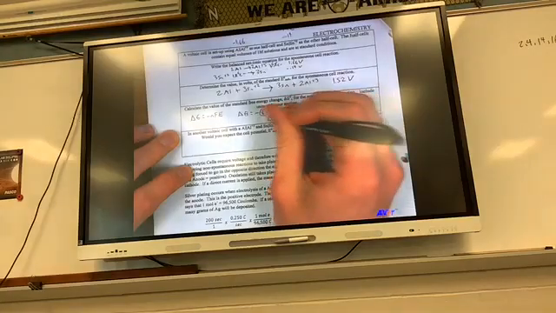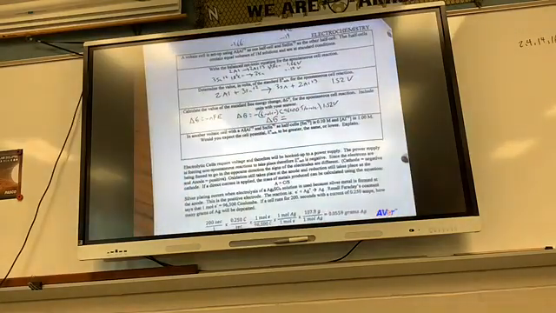So what do you get for delta G? Positive or negative? Because the positive or negative is kind of important.